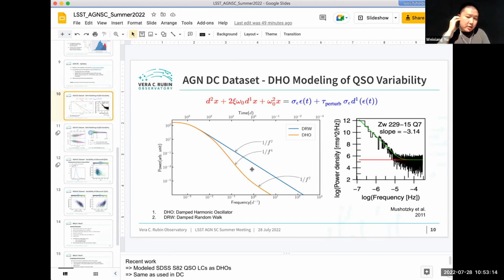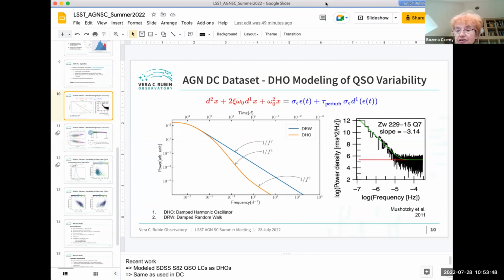Probably the particular example I have chosen has given you the impression that this is not physical. Does it answer your question? Okay, if it can give better shapes, then fine. Yeah, DHO is very flexible in terms of the PSD shapes. It can also mimic the shape of DRW.